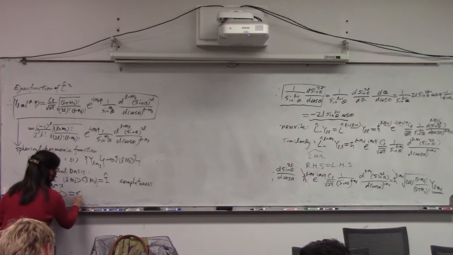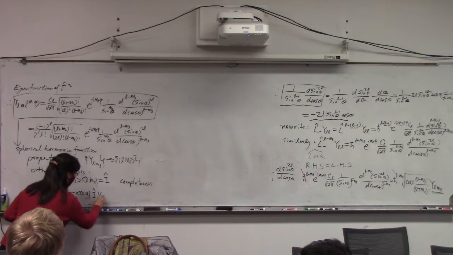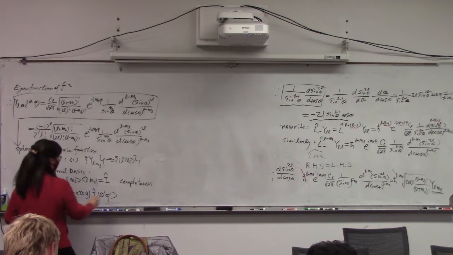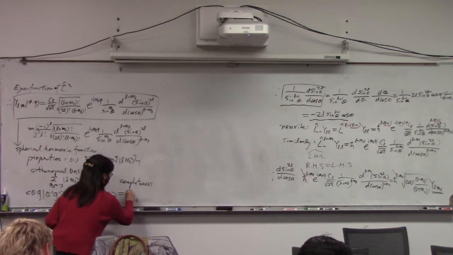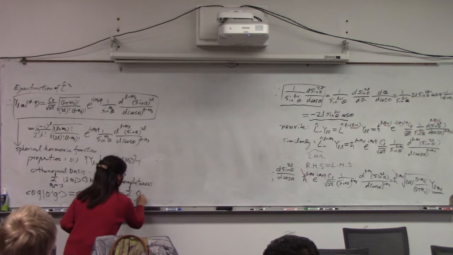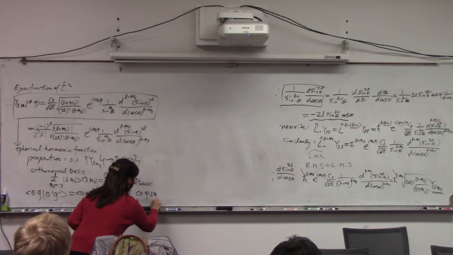We can insert this unity operator, which means a sum over all the m_L from minus L to L. So you see here, this is a bra theta phi L M_L.